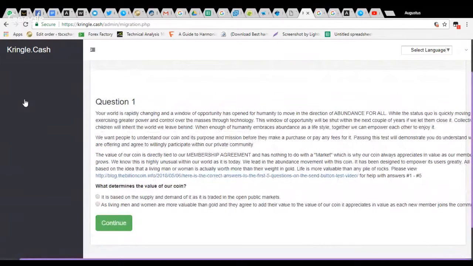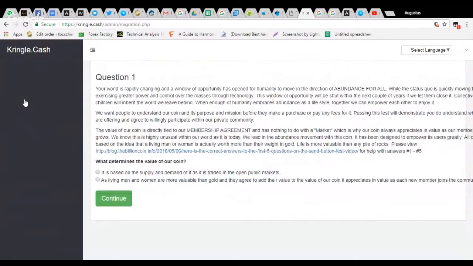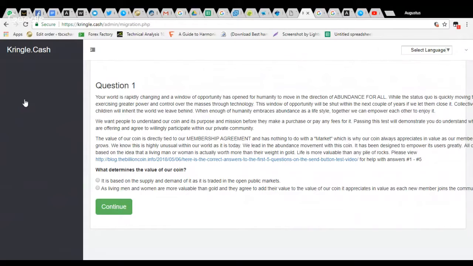Passing this test will demonstrate you do understand what we are offering and agree to willingly participate within our community. The value of our coin is directly tied to our membership agreement and has nothing to do with a market, which is why our coin always appreciates in value as our membership grows.